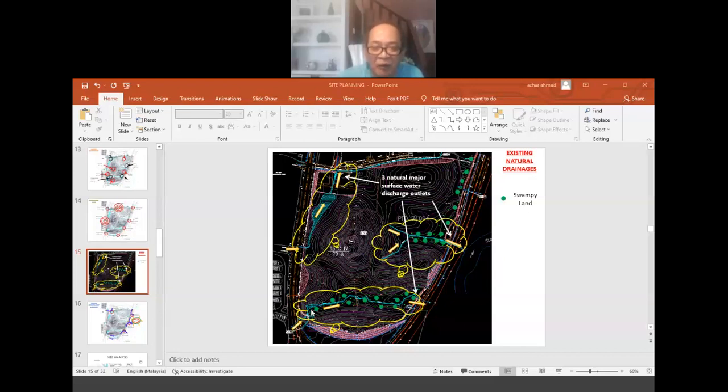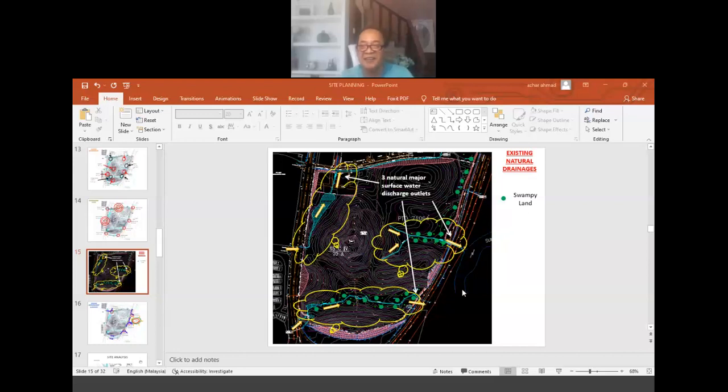There is a flow of surface water from outside of the site encroaching, okay, cutting across the site sehingga discharging on the right hand side. It's coming in from the lower left hand side of the site, and then cutting across the site dan discharging on the right hand side.